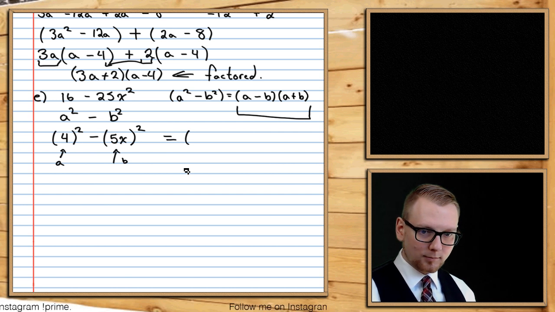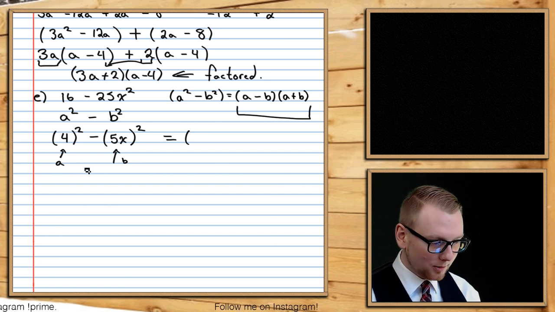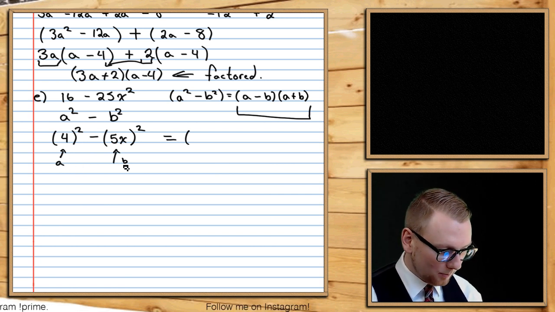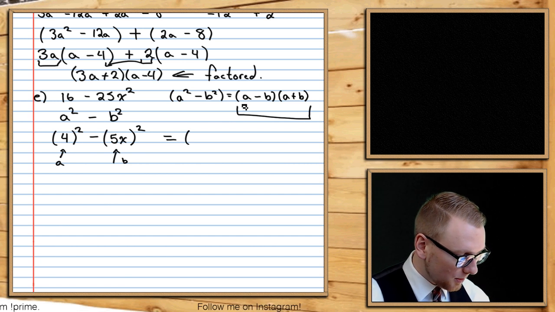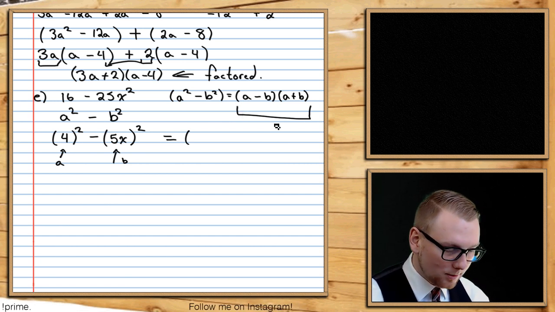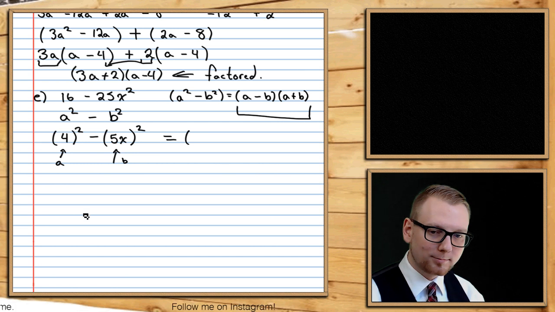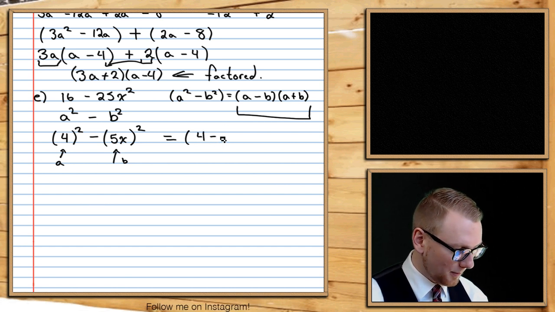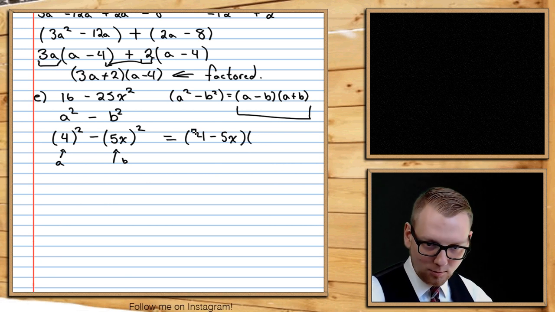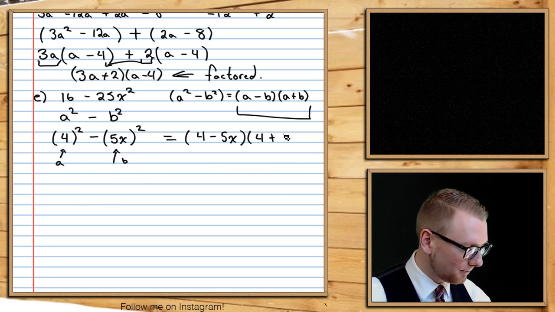Well, no. So look at what we have here. We have A and we have B. And we need it to be in this form: the A minus B times the A plus B. We have 4 minus 5x, and then 4 plus 5x.